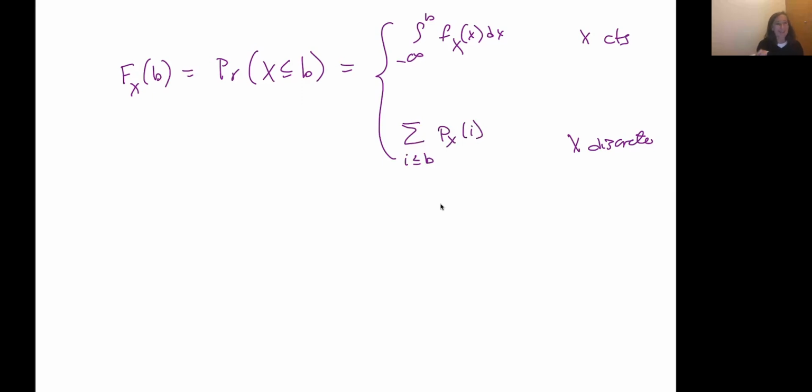If it's a binomial random variable and you want the probability that X is at most 3, it's the probability that X is 0 plus the probability that X is 1, 2, and 3. You just literally are summing up the probabilities for all of the discrete values that are less than the one whose cumulative value you want.